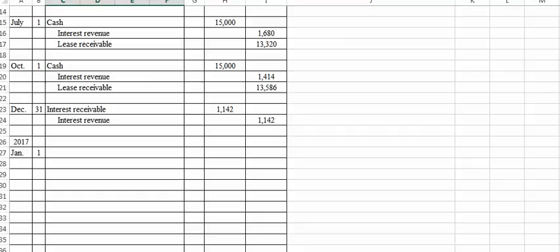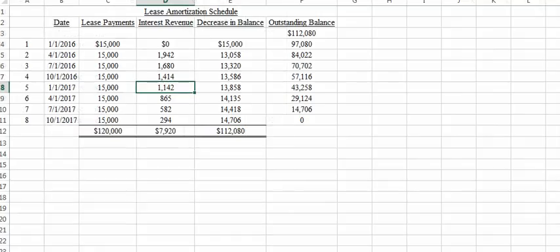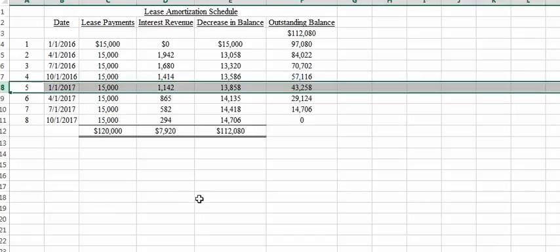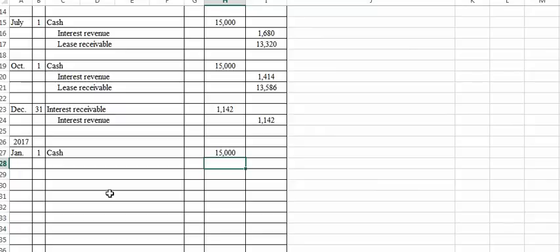Okay, what's going to happen here? Well, we're going to debit cash again for the 15,000. We're actually just handling this row from our amortization schedule. It's a little bit different though because we set up interest receivable for the 1142 last year. So we debited cash for the 15,000, the amount of the payment.